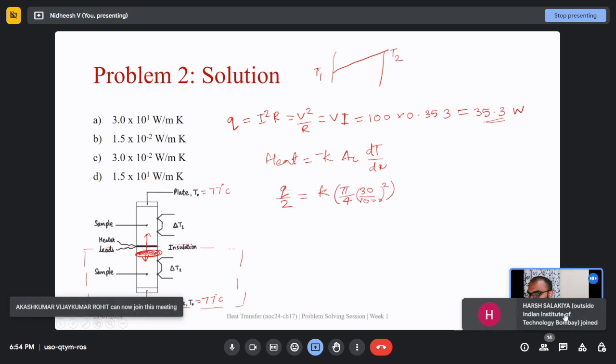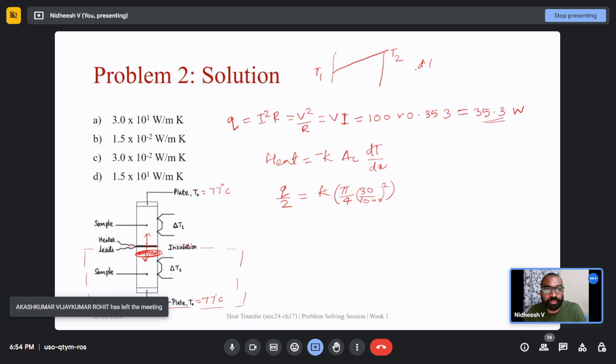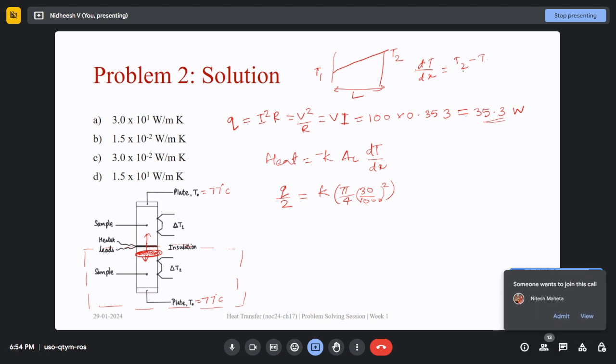So suppose this whole length is L, it could be T2 minus T1 by L.